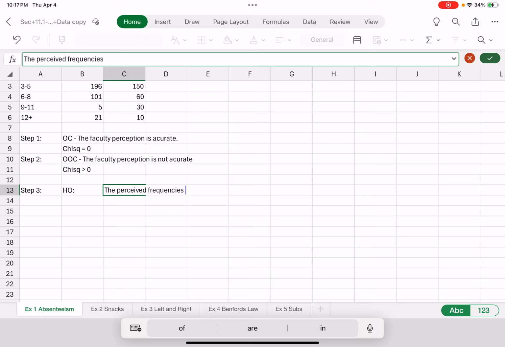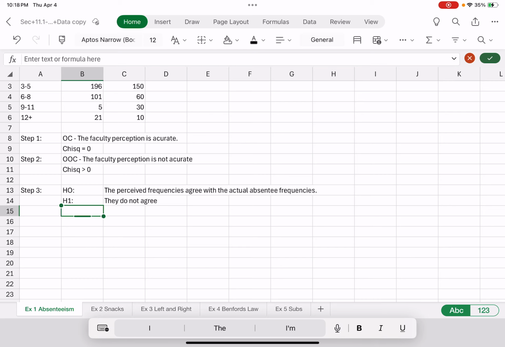The perceived frequencies agree with the actual absentee frequencies. H1, the alternative of that, is that they do not agree. Okay, great.